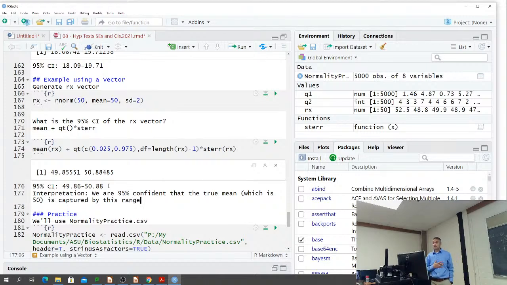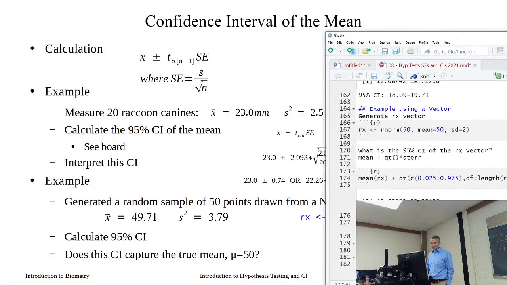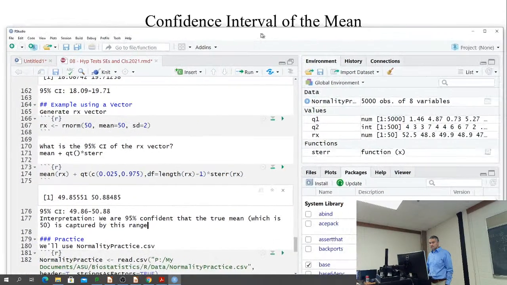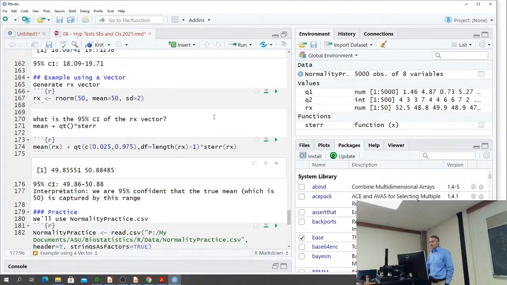And it did. So if we took repeated samples, and we did do this, we've got 10 of us in here right now, plus we had 11, which is in our presentation. 95% of us should have a range that captures 50.